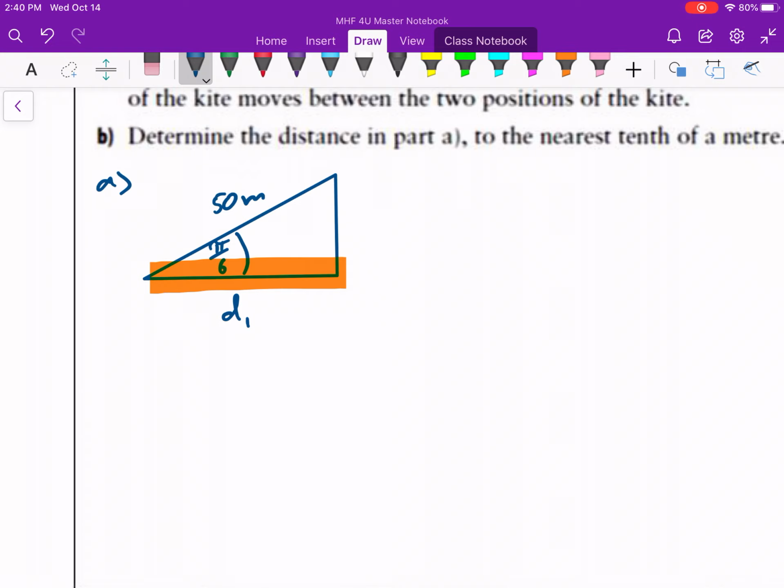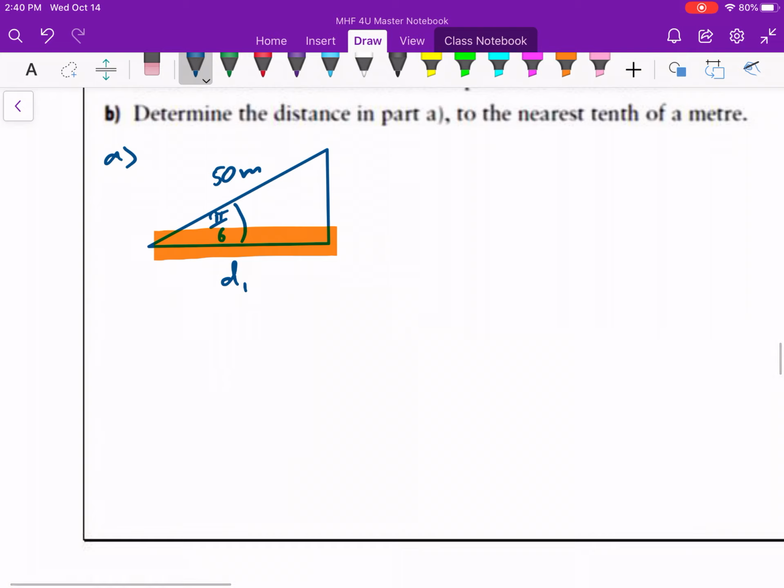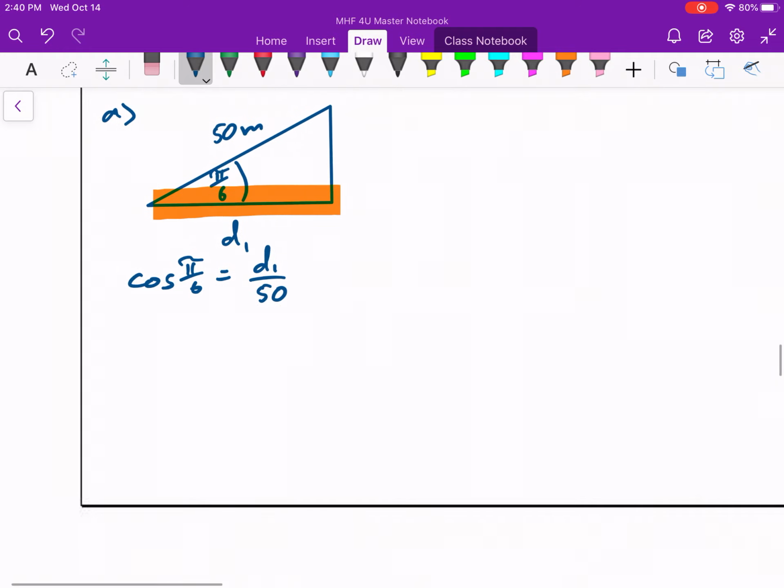So I could find an expression for that. I can say cos of pi over 6 is equal to adjacent over hypotenuse, so D1 over 50. And then I could rearrange this a bit and isolate D1. Well, first of all, pi over 6, we've already seen is root 3 over 2.